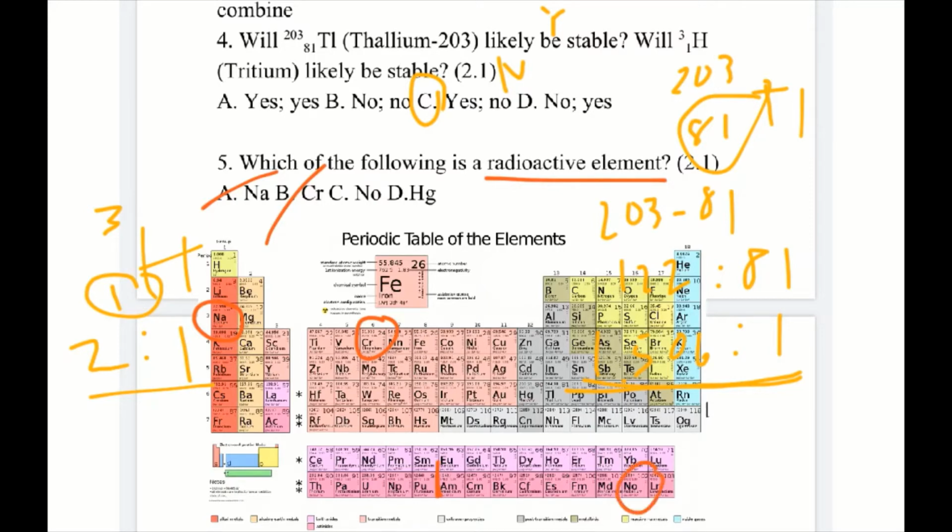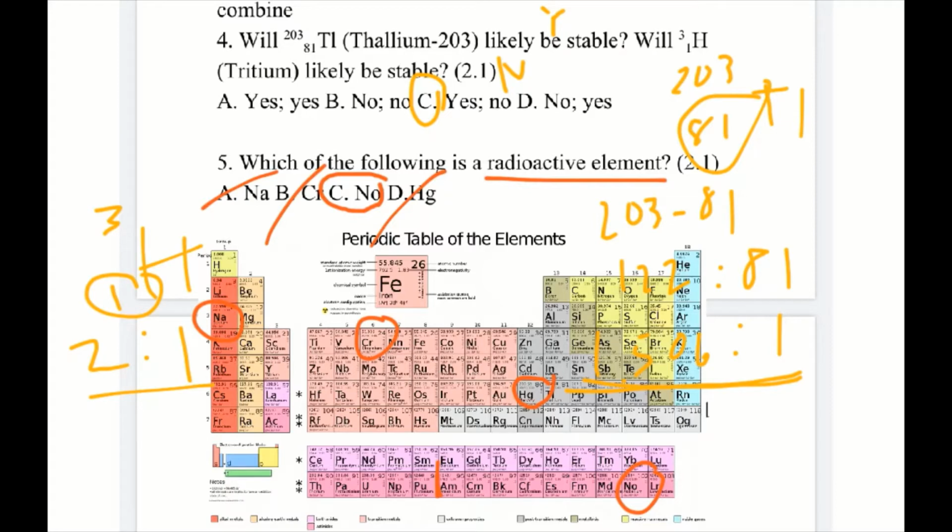Oh, found it. It's right there. It has an atomic number of 102. This is far higher than 94, which is the highest you can go before you become synthetic and before you become impossible to exist in nature, and that's why you're called a synthetic element. So thus, nobelium is our answer, and mercury is 80, which is less than 94, so that's out.